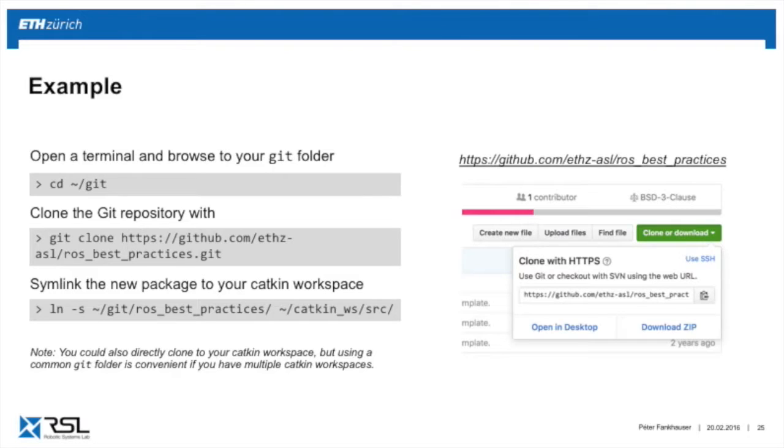We put up there an example ROS package for you to play around with. Once you're on this website, there's a green button which says clone or download. And copy this URL here.